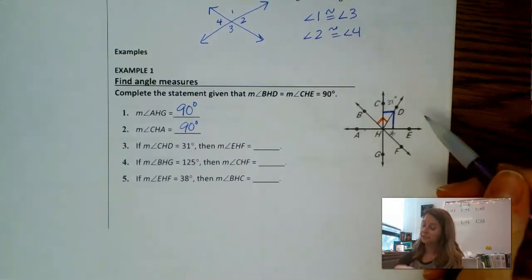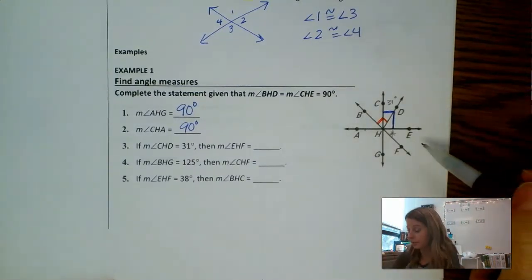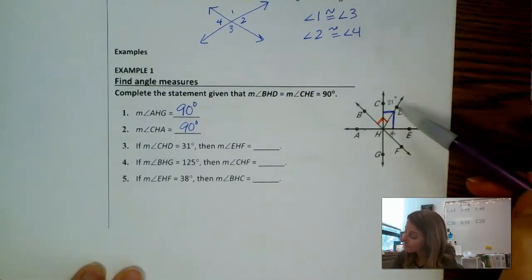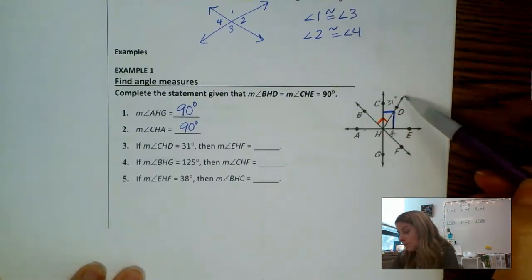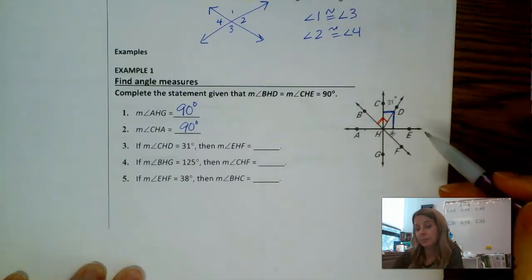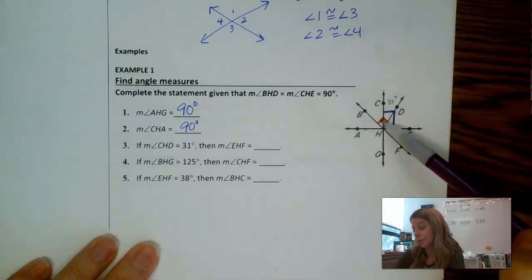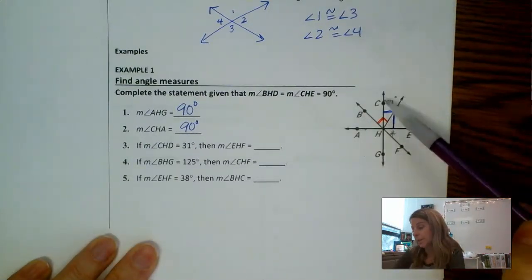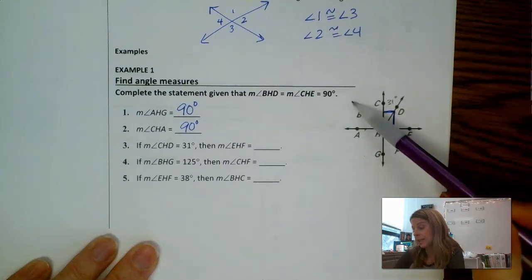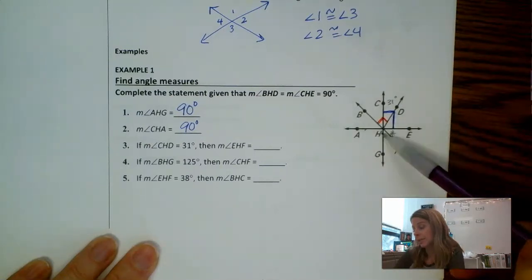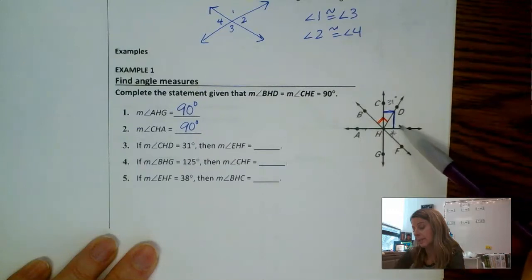Okay, let's see. What do we know? There's going to be multiple ways to do this. There's 2 things we could do. Look at this red angle here. If BHD is 90, then DHF is also 90. So this side is also 90 as well.